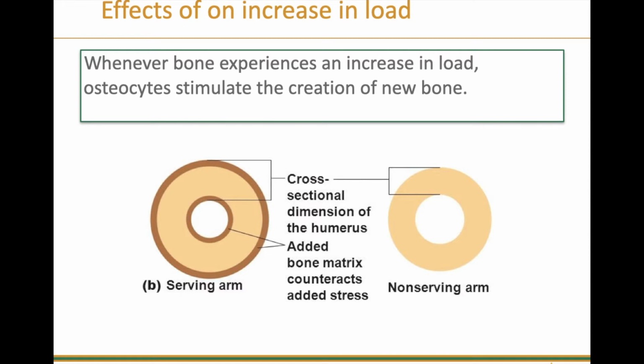So if you're a tennis player, your serving arm gets a lot more use than your non-serving arm, and you can see the darker brown layer is the added bone matrix, because that serving arm takes a lot more stress than the non-serving arm. So you can see it was a lot thicker.